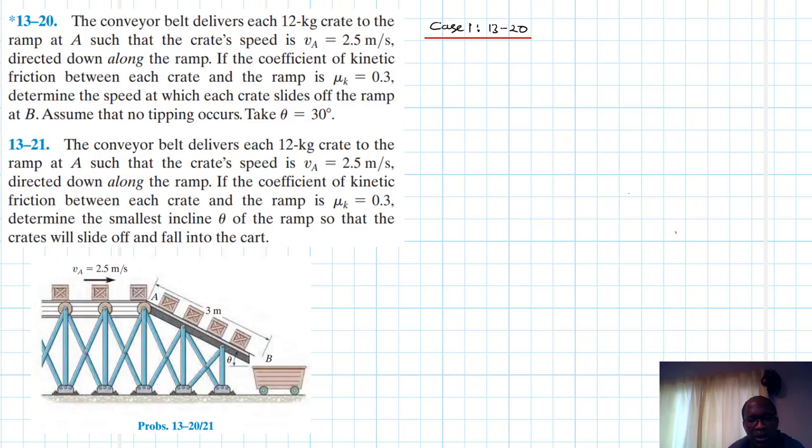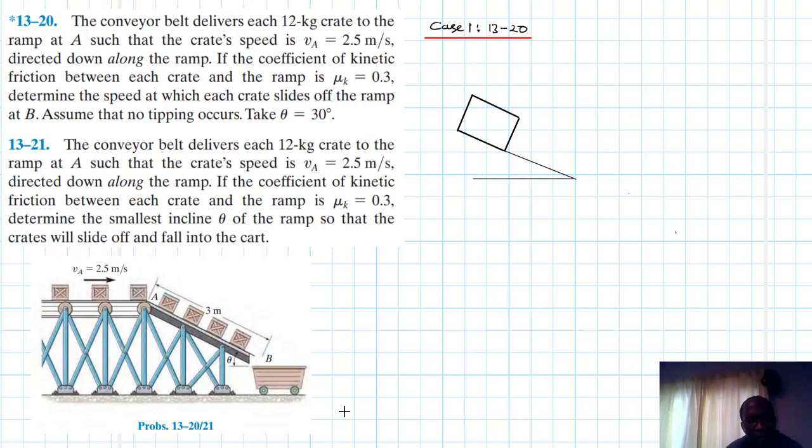Let's draw what is happening. So let's say we have this crate like so, and let's imagine that is the ramp, something like that.